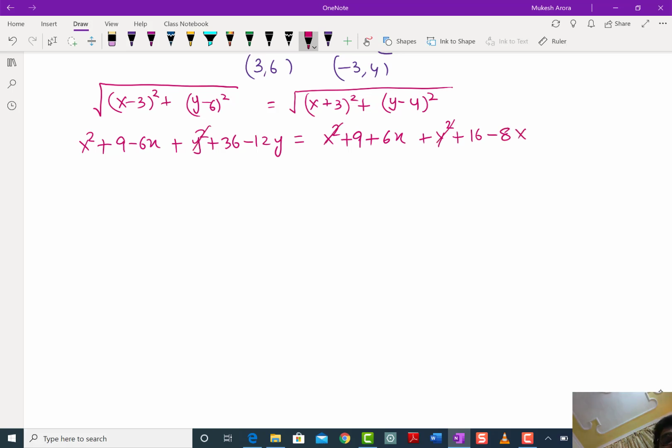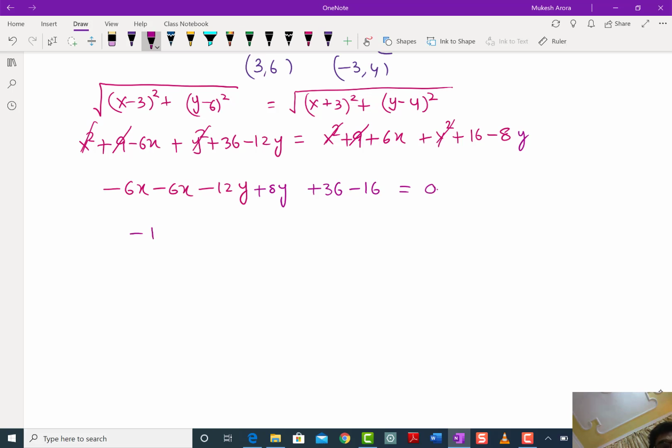The x squares and y squares cancel, the 9s cancel. This is minus 6x minus 6x minus 12y plus 8y plus 36 minus 16 is equal to 0.